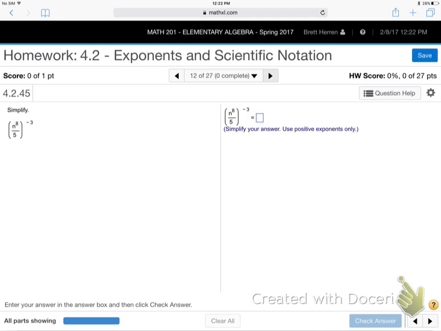Okay, let's try this one. n to the 8th over 5 to the minus 3. Same rule. Powers outside parentheses multiply powers inside parentheses. And we have an invisible power, don't we?